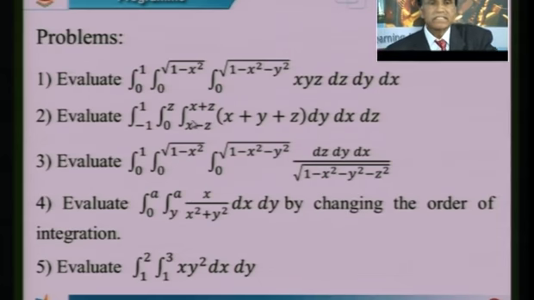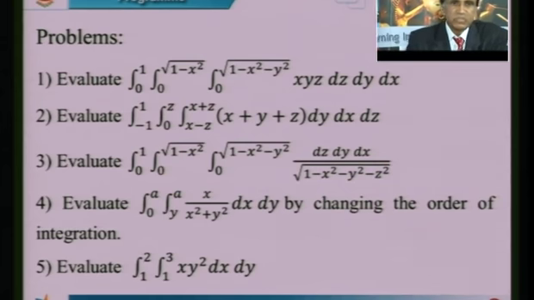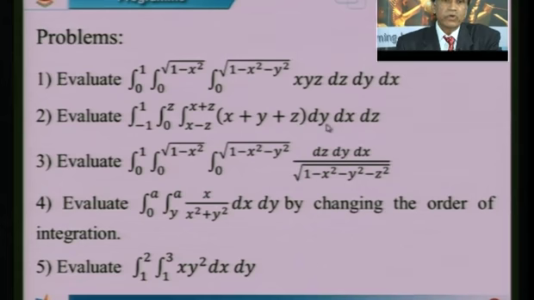Then you cannot integrate with respect to x or with respect to z for the innermost integration. You have to integrate first with respect to y, then with respect to x, afterwards with respect to z. This is the order which you have to choose. This is the procedure you have to follow.